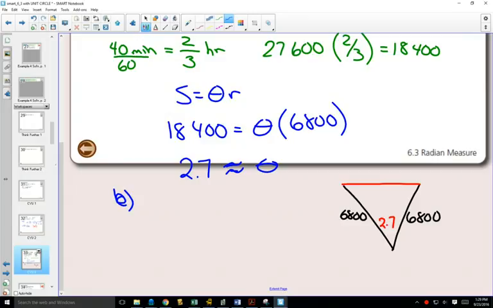So that's what we have. Is it an equilateral triangle? That's a good question. It would be an equilateral triangle if this was 60 degrees. Is 2.7 radians equal to 60 degrees? No. Is my diagram an accurate drawing?